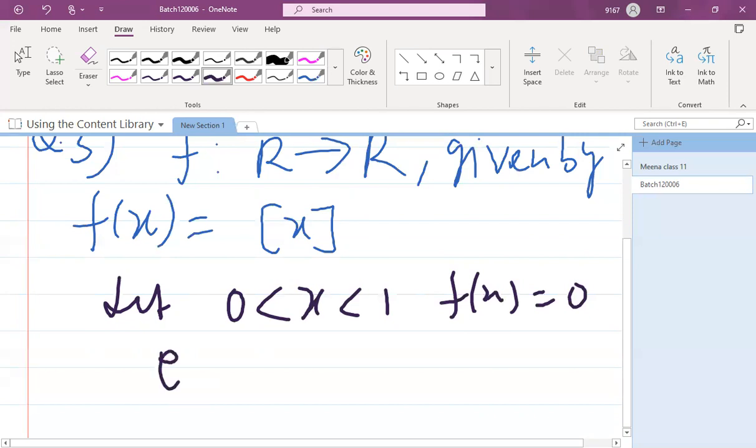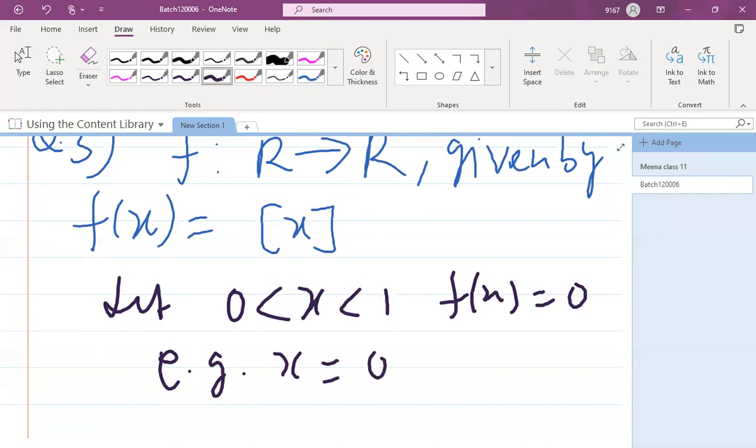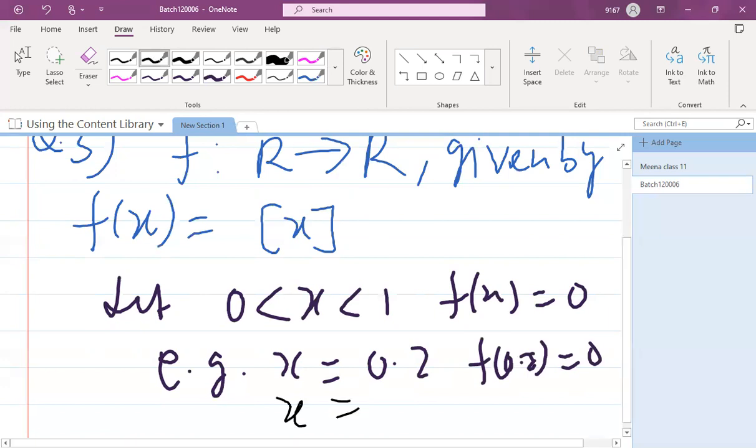Suppose we take x equals 0.2, then f(0.2) is 0. If we take x equals 0.9, still f(0.9) is 0.